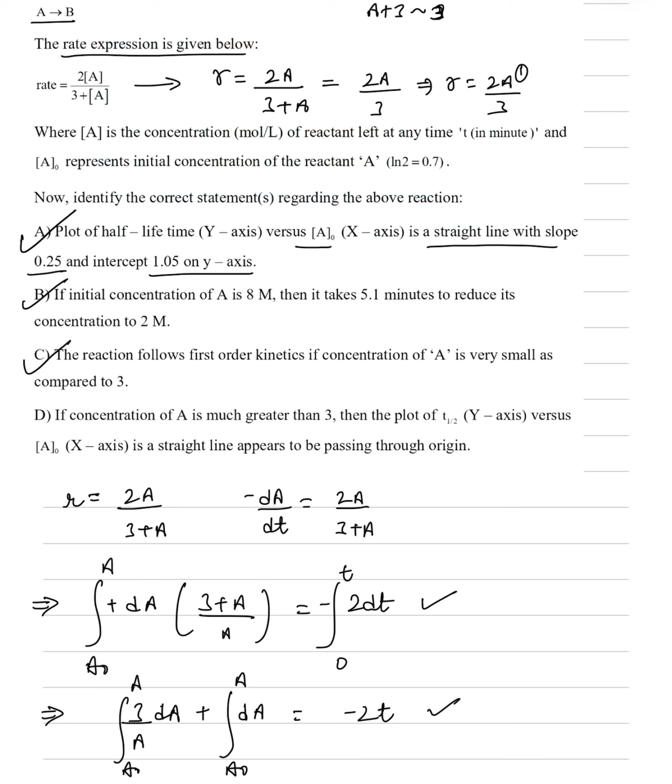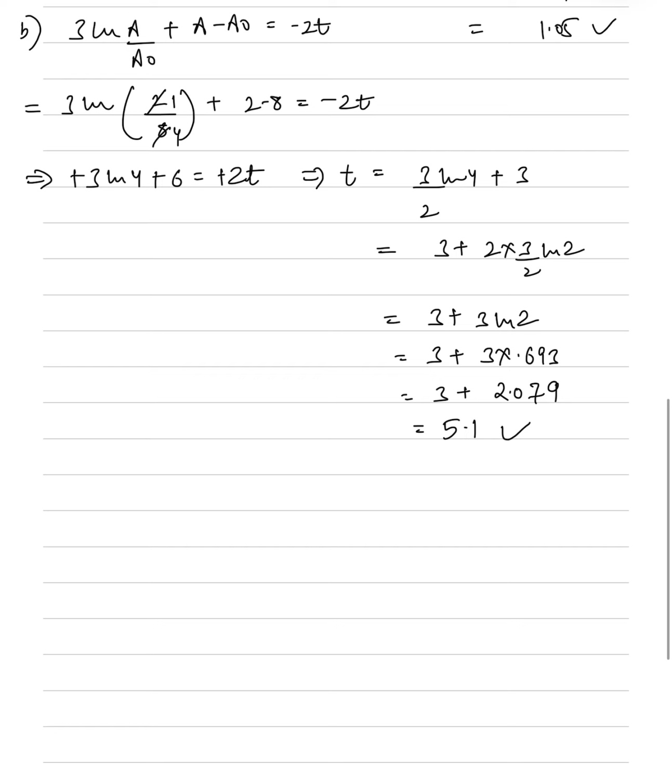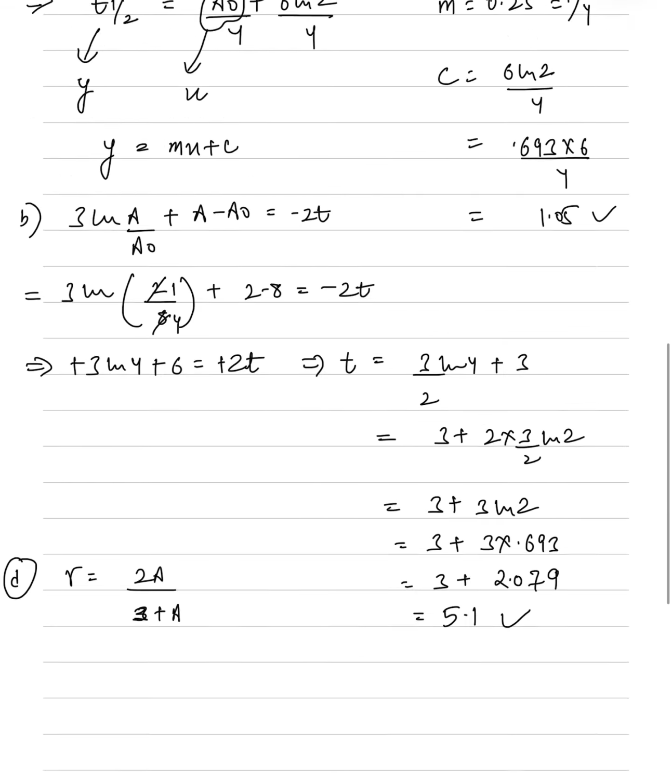That means option C is also correct. Next, option D. If the concentration of A is much greater than 3, then the plot of t½ versus A₀ is a straight line passing through the origin. Okay, let's try to prove this statement. The rate equation given to us is 2A/(3 + A), right? Now what is it saying?